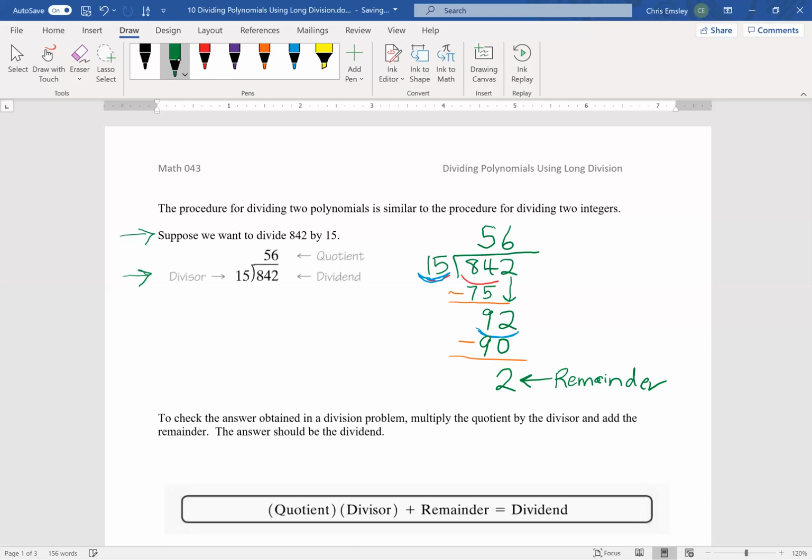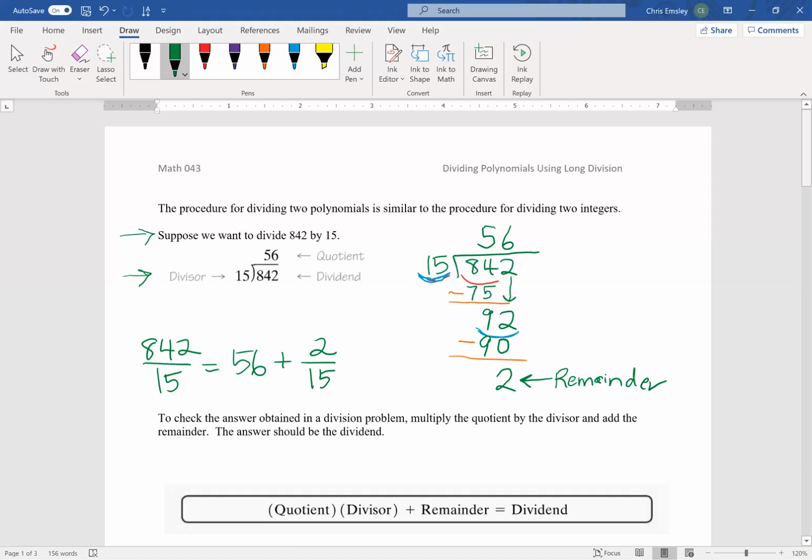So if we wanted to, we could write that 842 divided by 15 is equal to 56 plus our remainder. When we write our remainder in this way, we put it over the divisor, so plus 2 over 15. And then you can see here we have next to check the answer that we got.